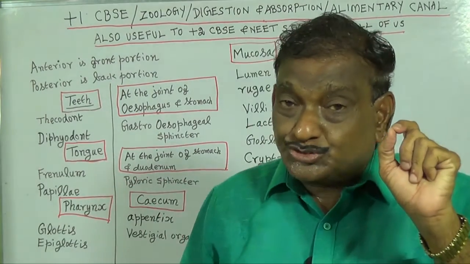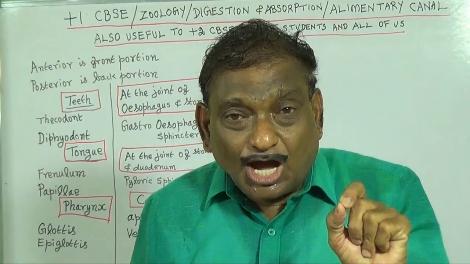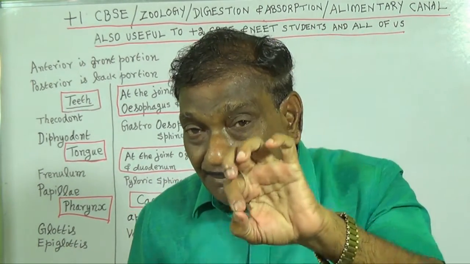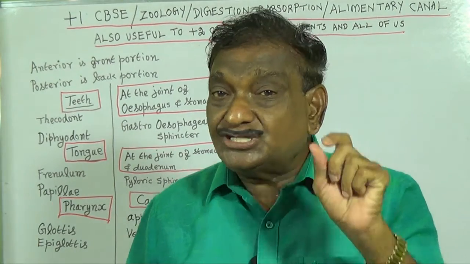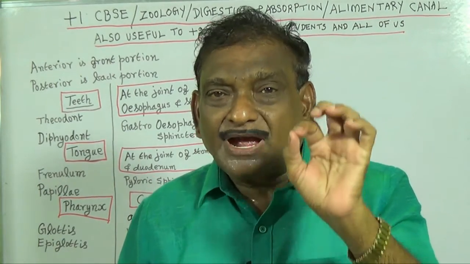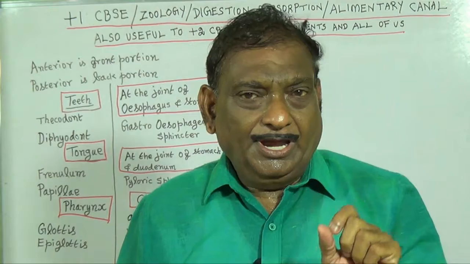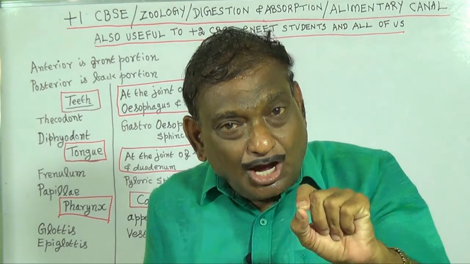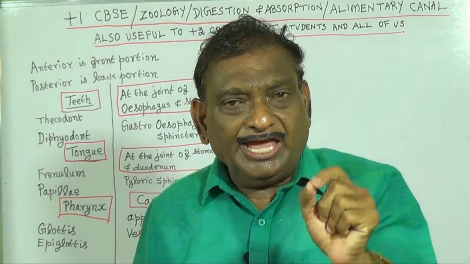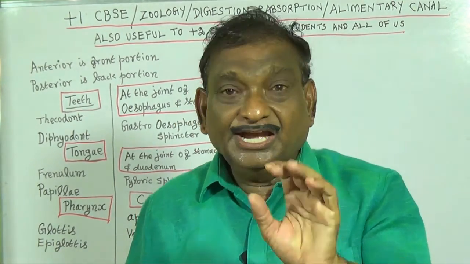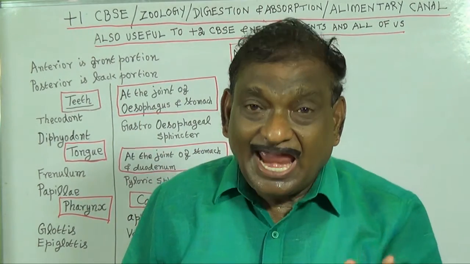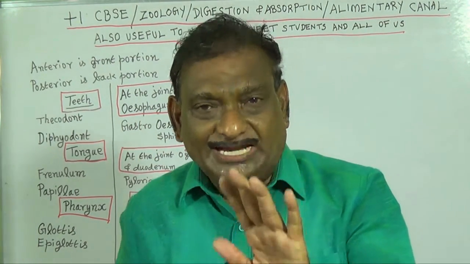This outermost layer serosa is made up of thin mesothelium. It has also some connective tissue. What is mesothelium? Mesothelium cells are monolayer cells. It covers the serous cavities and the internal organs.